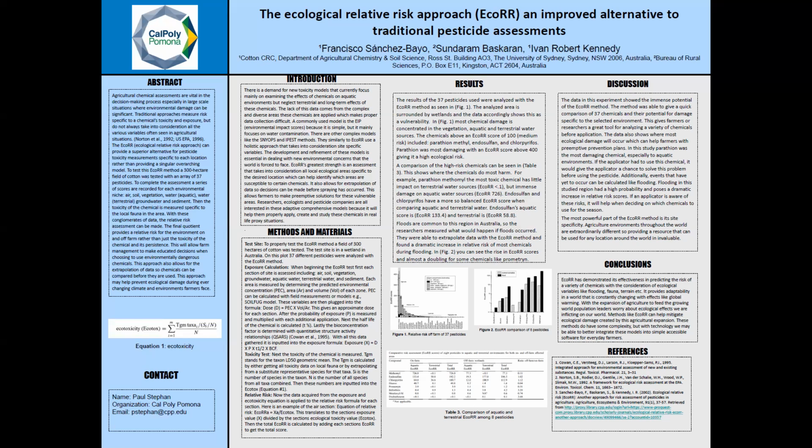The EcoRR method has really demonstrated how effective it could be at testing a variety of chemicals and showing their relative risk with the consideration of many variables like flooding, the biodiversity of the fauna, the terrain of the region.